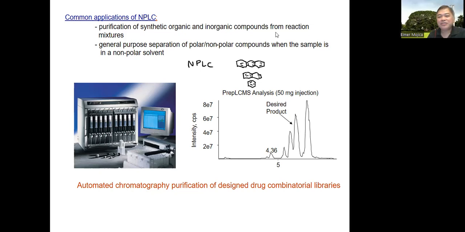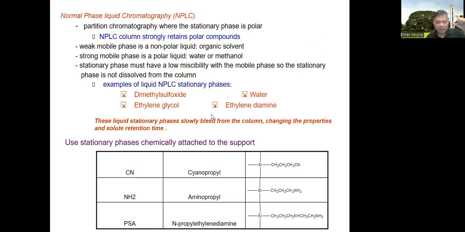Remember, what is the stationary phase, polar or non-polar? The stationary phase in normal phase is polar. So the solvent you have there can be a mixture of the two.